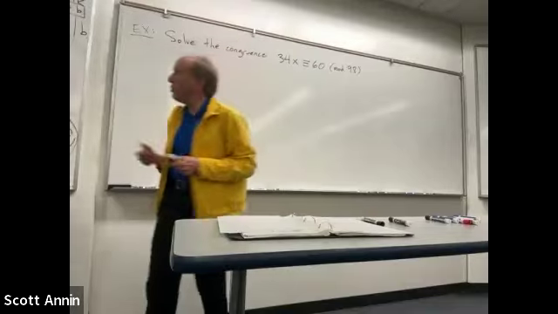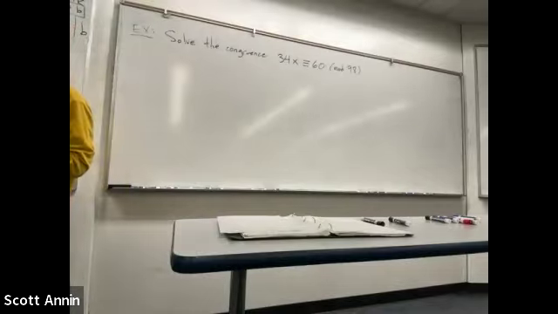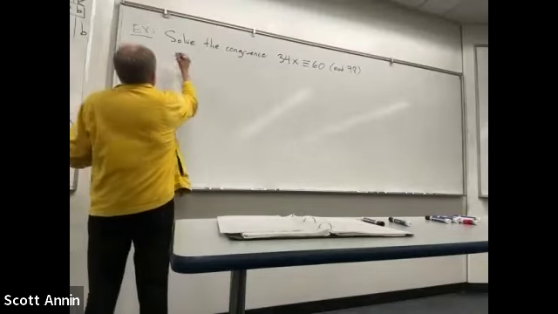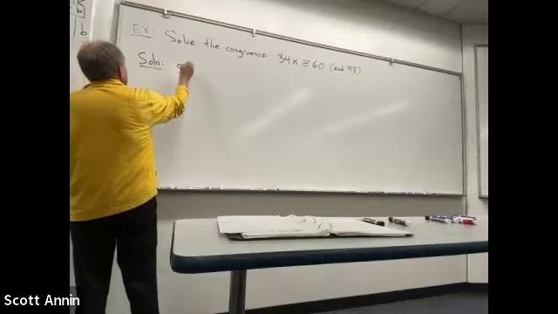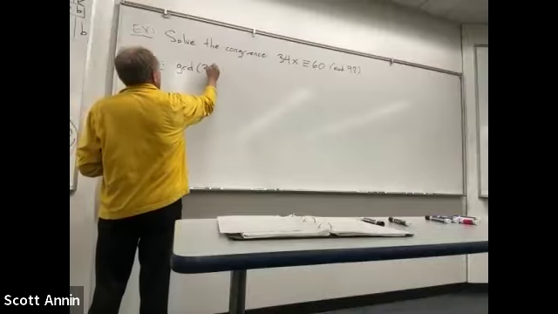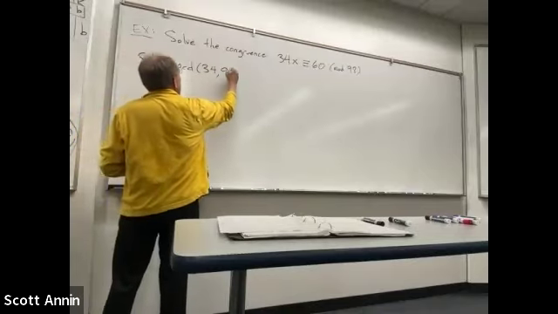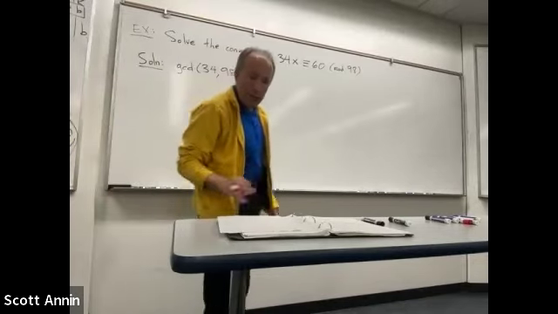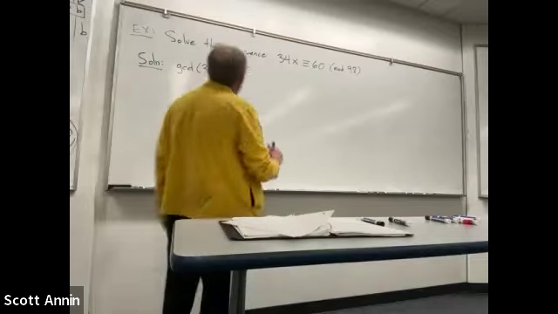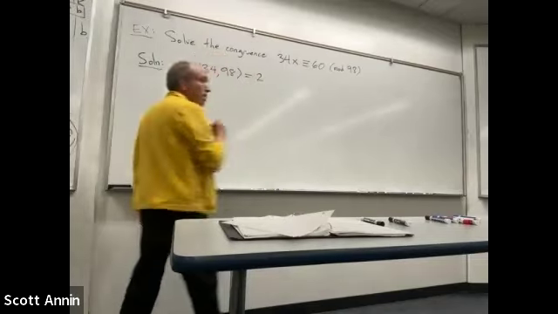The very first thing I should do is see if it has a solution. That's the first part of the theorem. So I'm going to figure out the GCD of a and n. The GCD of a, which is 34, and n, which is 98, we can probably figure out more or less in our head. It turns out that it is just 2.